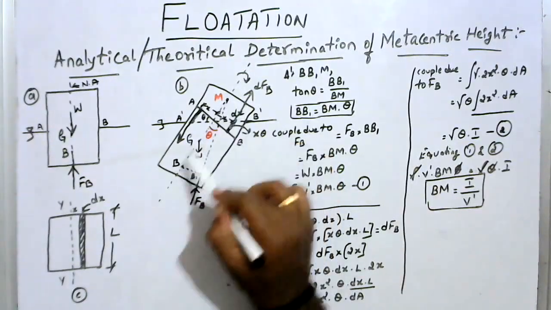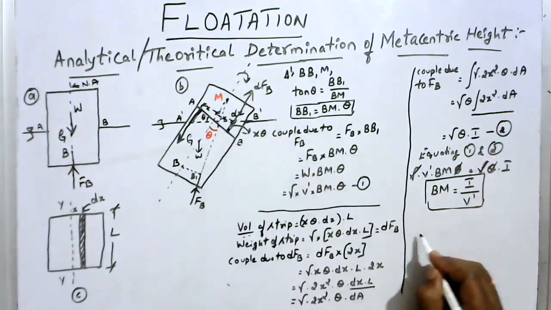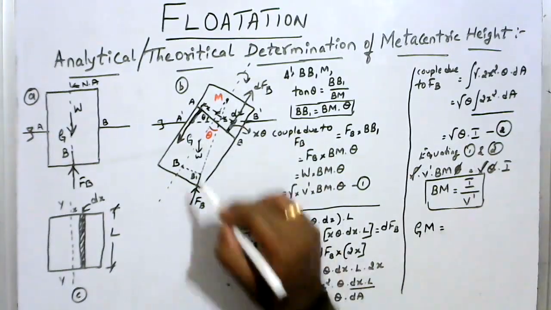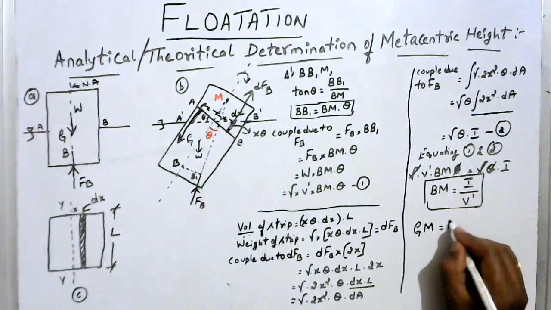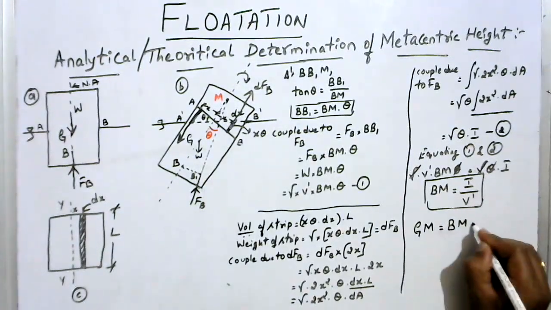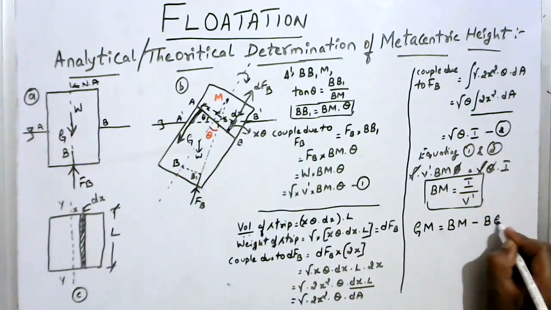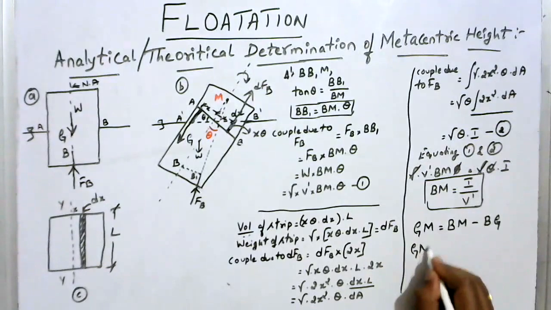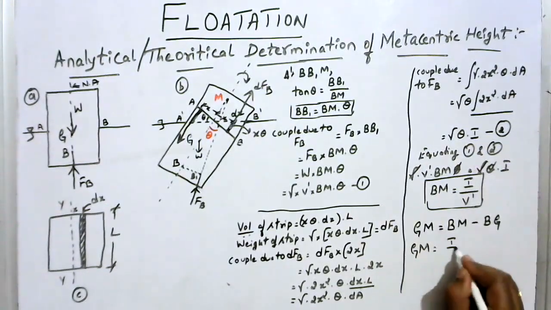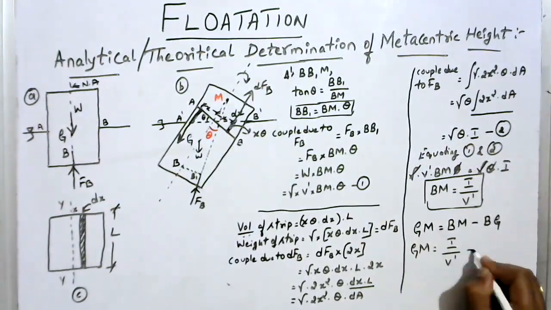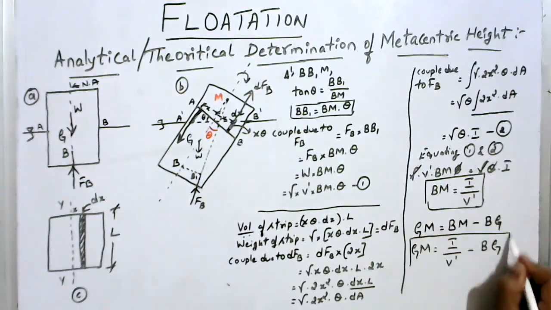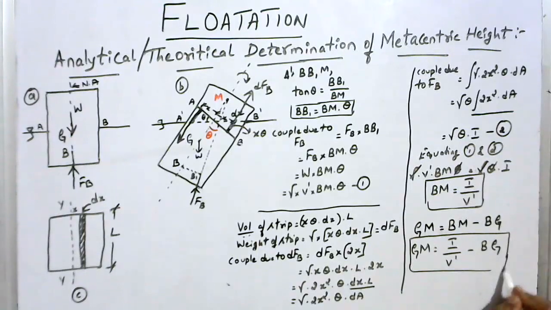You observe this sketch and you observe that Gm is equal to Bm minus Bg. So Gm is equal to I divided by V dash minus Bg, which is the metacentric height formula.